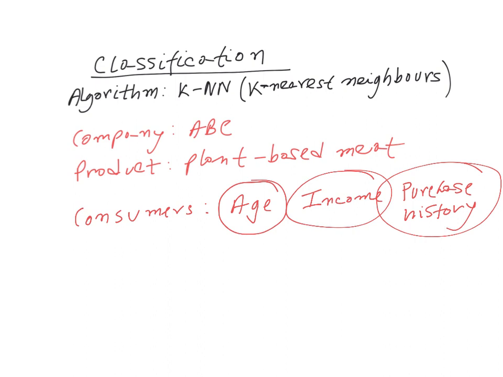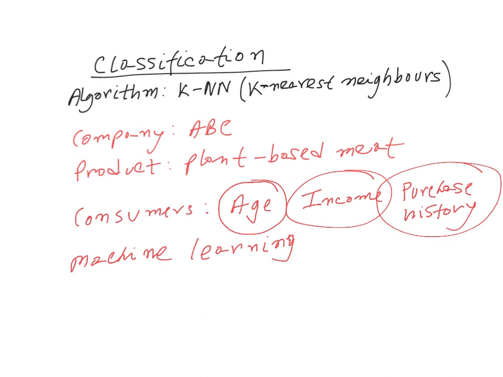And the only thing you have here is the company survey, which provides information about consumers' age, income, and purchase history. That's it. So now the question is how you're going to do that. We're going to use machine learning to find out the potential buyers so that we can offer discount vouchers.